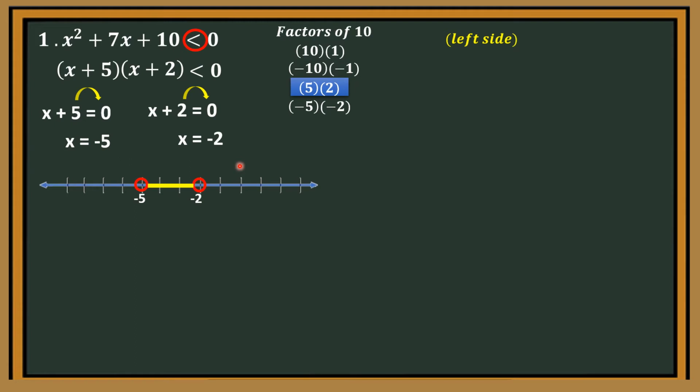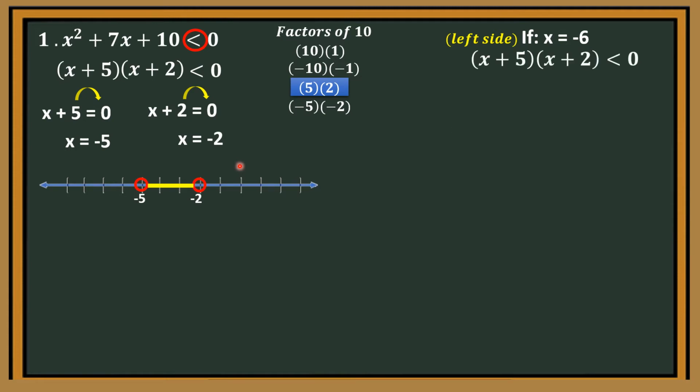Let's have it first, the left side. You can choose any number from left side of negative 5. I'll choose negative 6. And I will use the factor form for testing whether the region belongs to the solution set instead of the original inequality.